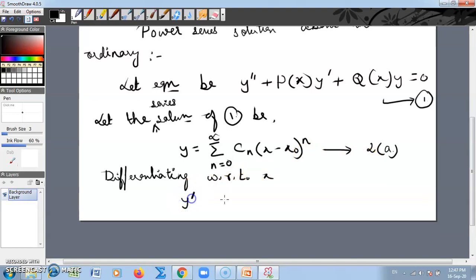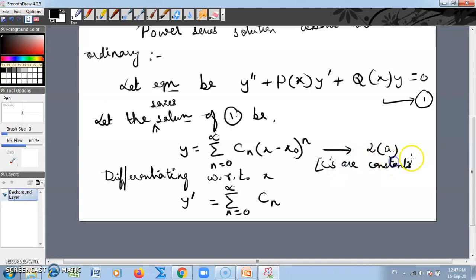This is dy by dx, which is y dash, summation n goes from 0 to infinity, Cn remains as it is because Cn is a constant. I forgot to tell you here, the C's are constants.